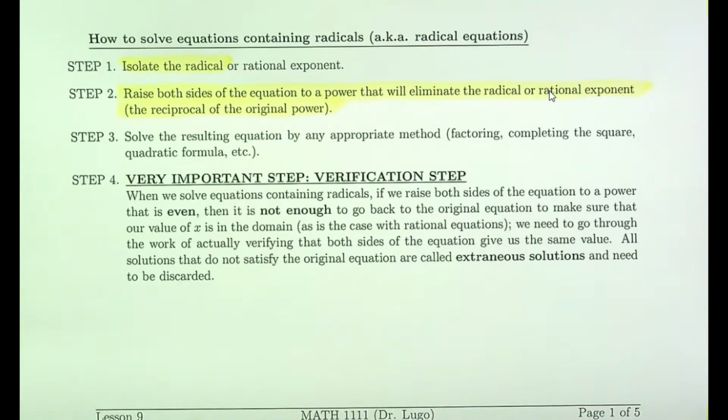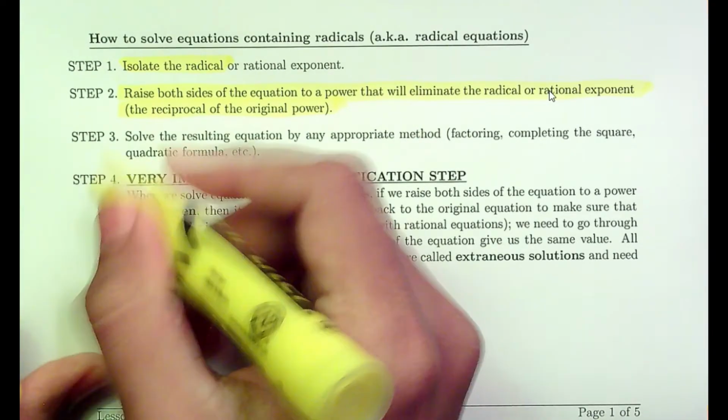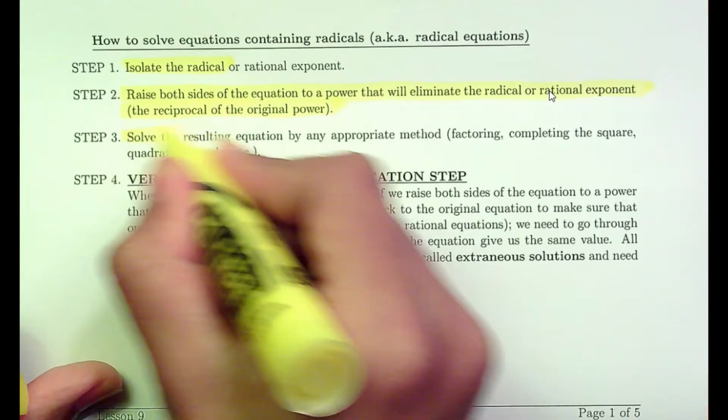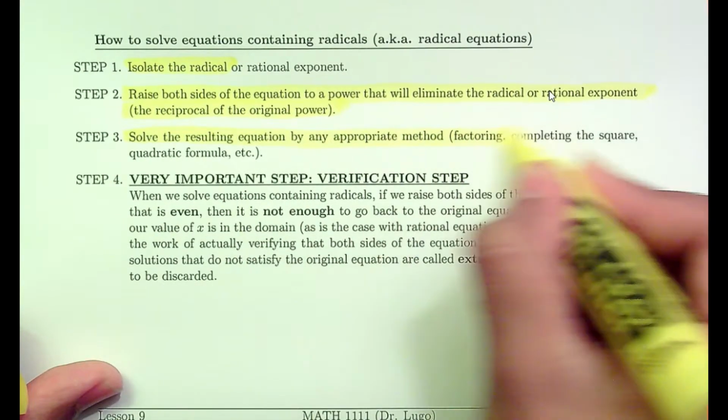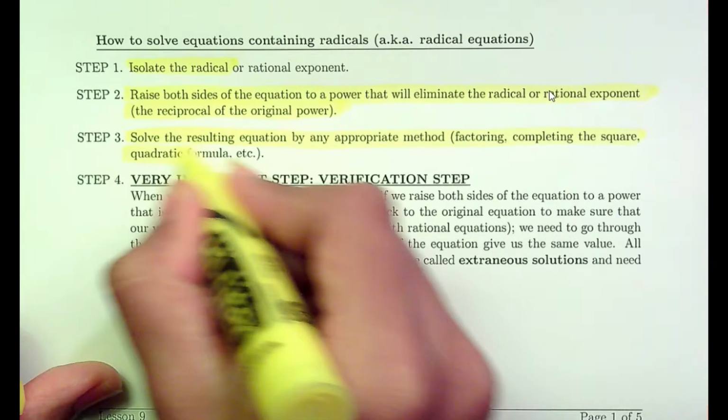Once you have raised both sides of the equation to a power that will eliminate the radical, you're going to solve the resulting equation. The radical is going to disappear, and you're going to have an easier equation that doesn't have any radicals. You're going to solve that by whatever method is appropriate.